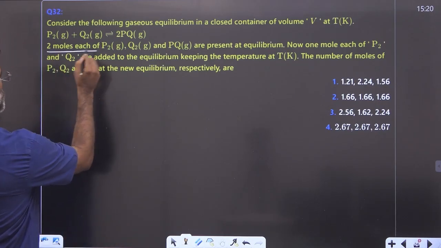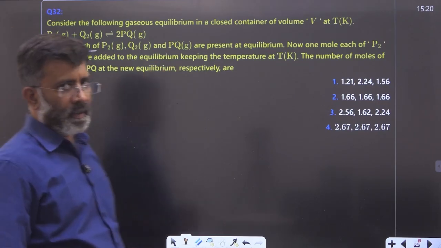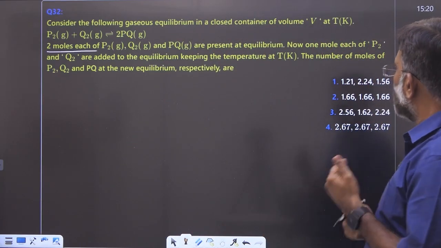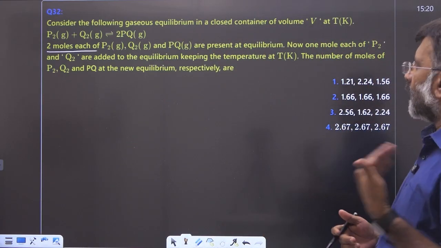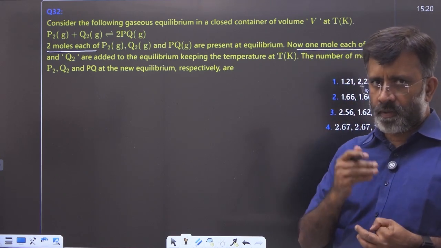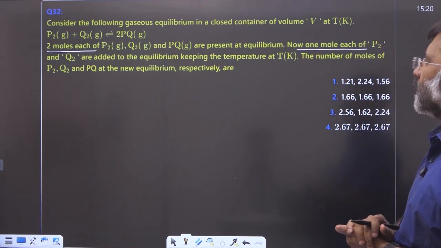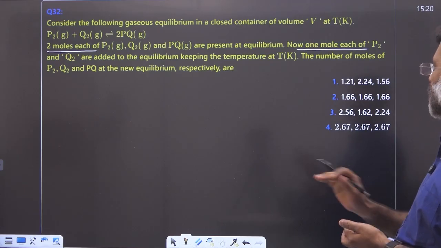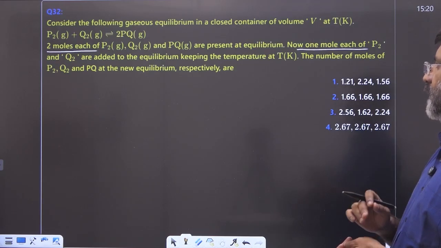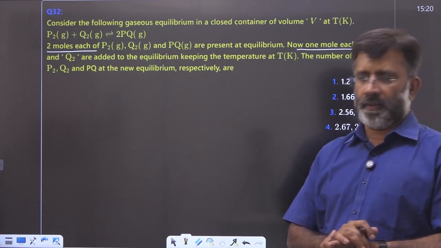So 2 moles each of the 3 available at equilibrium. Now 1 mole each of P2, Q2 are added to that equilibrium, keeping the temperature constant. Number of moles of P2, Q2, PQ at new equilibrium.